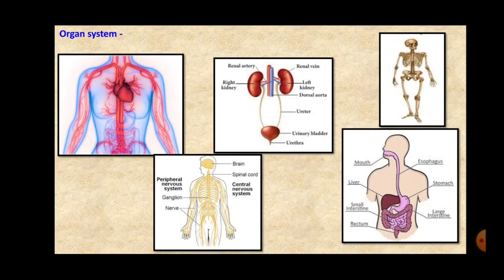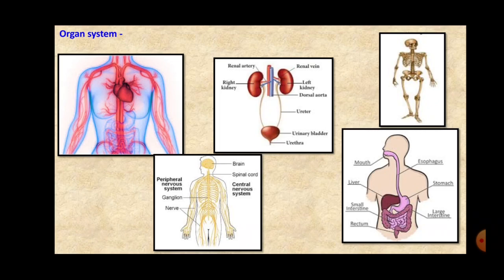How the food is eaten and then it is converted into simple soluble substances so that it can be absorbed in our body. So all these are called the organ systems. Now, as you know, in our body there are different organs which are working very smoothly to carry out the different life processes, right?